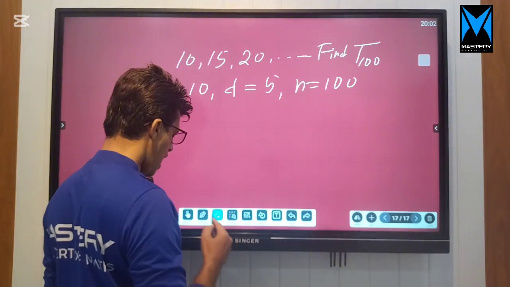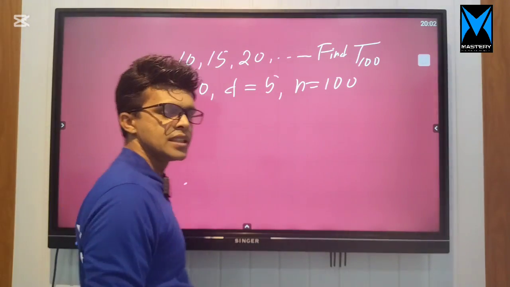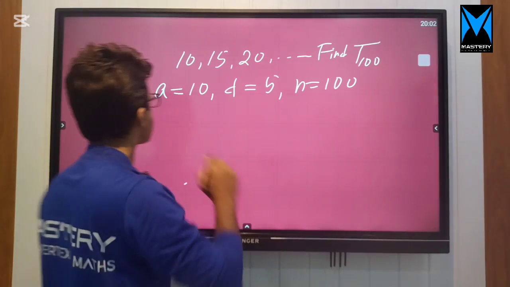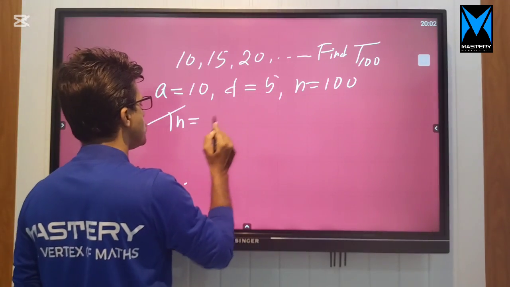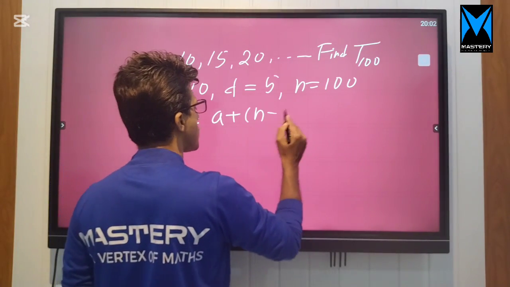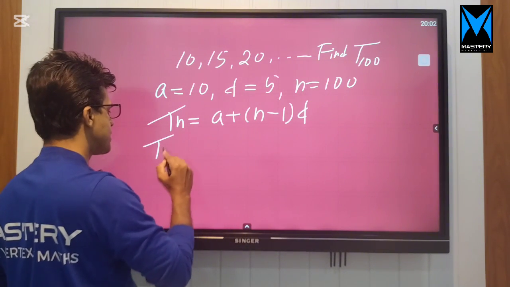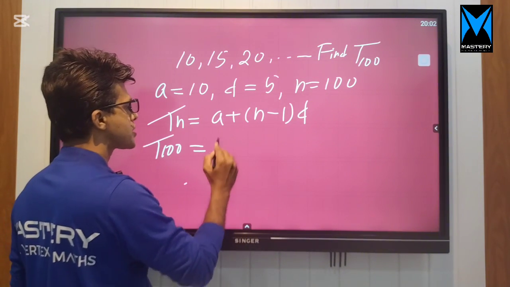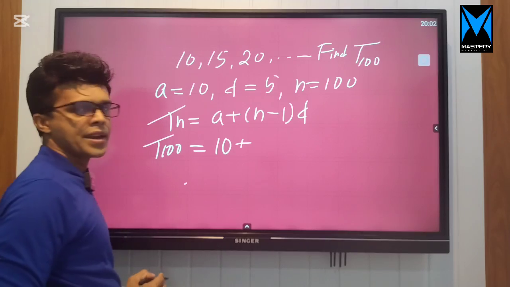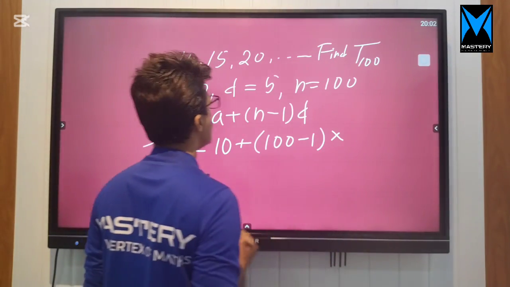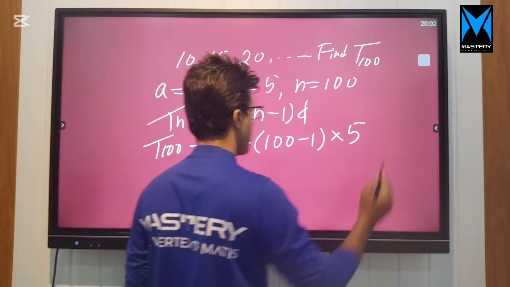The previously learned equation can be applied to find the 100th term. So we write the equation here: Tn equals a plus n minus 1 times d. What is n? n equals 100 here. a equals 10. So n minus 1 is 100 minus 1. What is d? d is 5.